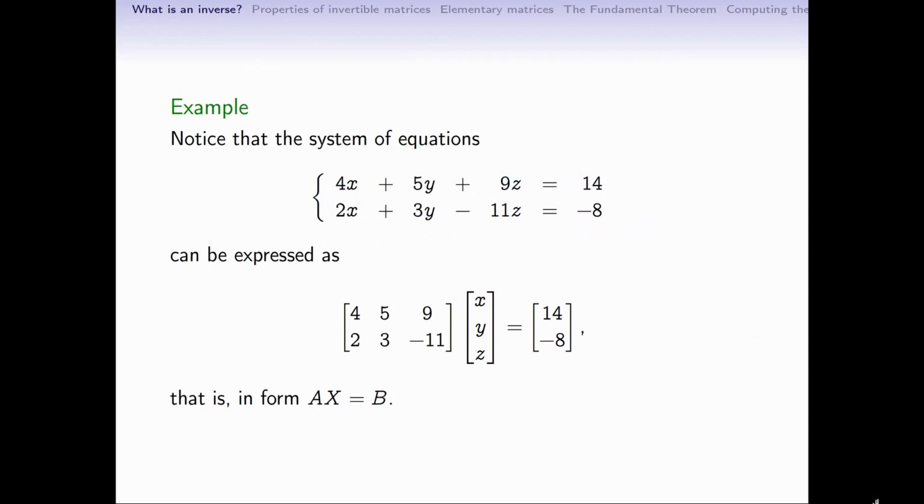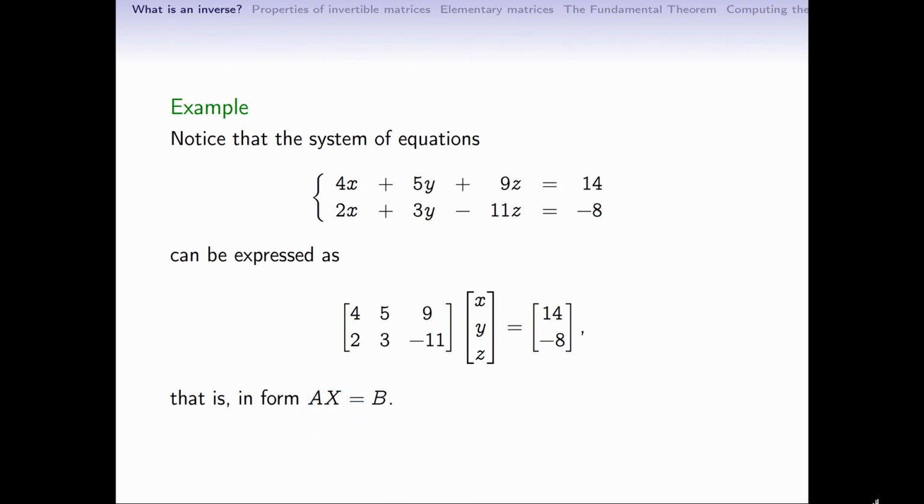So in effect, we can write the system of equations as a matrix equation in the form A, the matrix of coefficients, times a column vector x, a matrix of unknowns, is equal to B, our matrix of constants. We can write this system of equations in the form A times x equals B. And now we're trying to solve this matrix equation for this unknown matrix X.